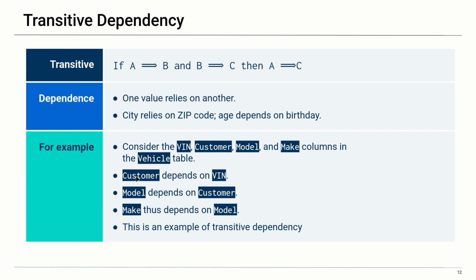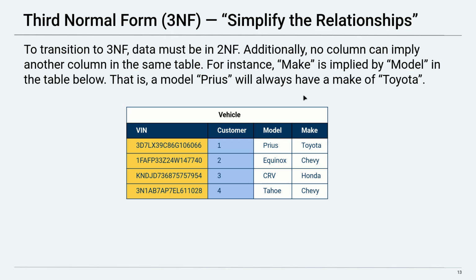Here, in the case we're talking about for the garage, if you know the VIN, you can find the customer. And if you know the customer, you can find the model, and the model will tell you the make. That's transitive dependence. Not only A, B, C, but there's also transitive dependence all the way down to D, make. And we want to avoid that.